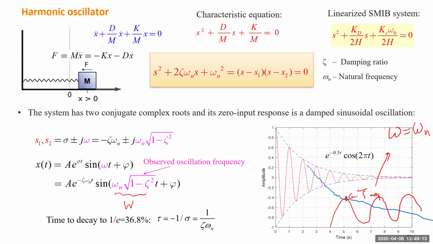The envelope tells this part how the amplitude will decay. So when you multiply the original waveform by this amplitude, the value after this peak value will be lower.